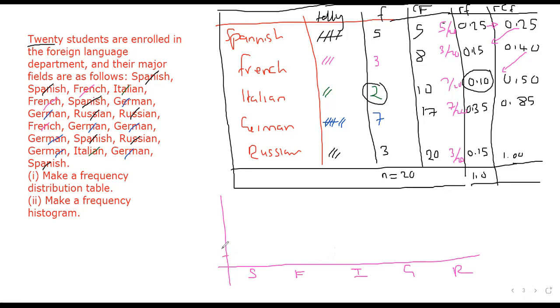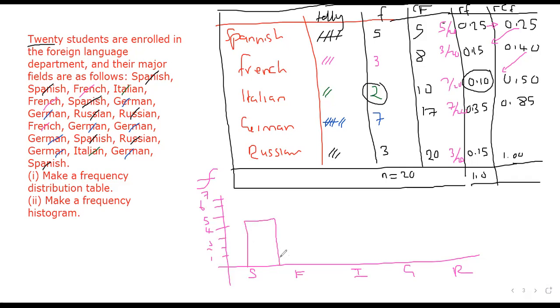So we have 1, 2, 3, 4, 5, 6, 7 as the highest number. These are the frequencies. For Spanish, what was the frequency? It was 5, so we go to 5 here.